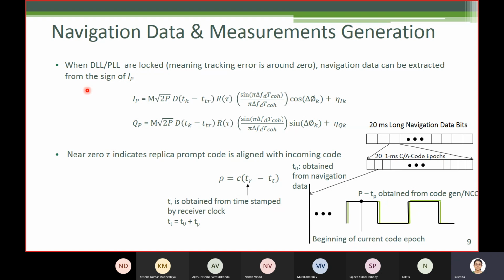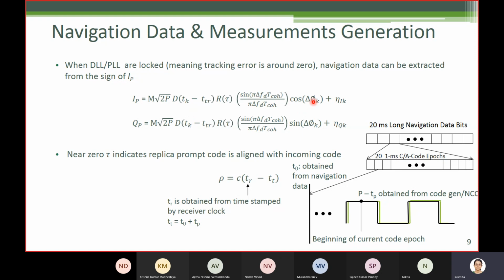So next is navigation data demodulation and measurements generation. This is the last part under ranging processor. When DLL and PLL are locked, meaning tau is around 0, delta phi is also around 0, it is possible to extract D. We discussed this earlier also.